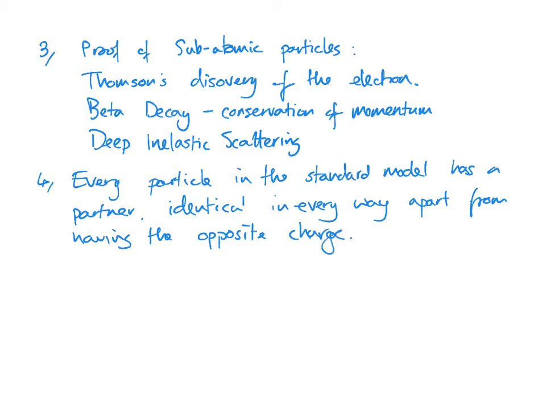And that even includes the neutron, because although the neutron is overall neutral, it is made up inside of charged particles. So the anti-neutron has those same particles, but they're antimatter equivalent. So these are called antimatter.